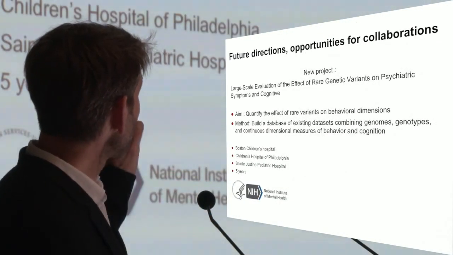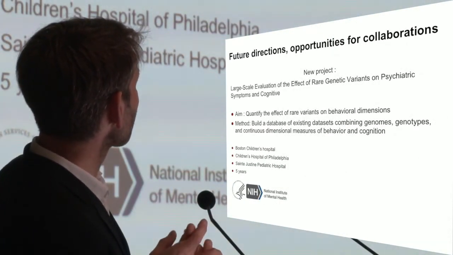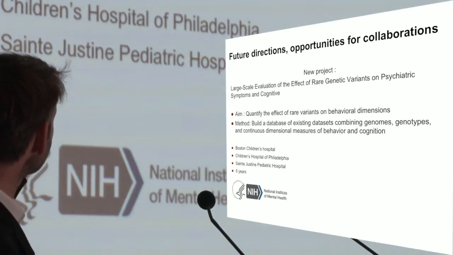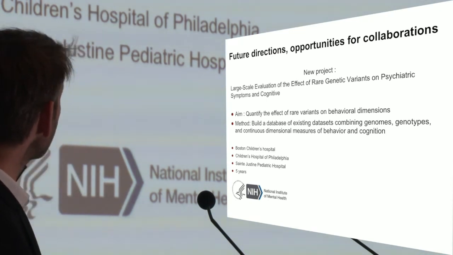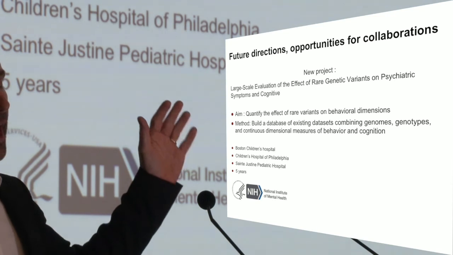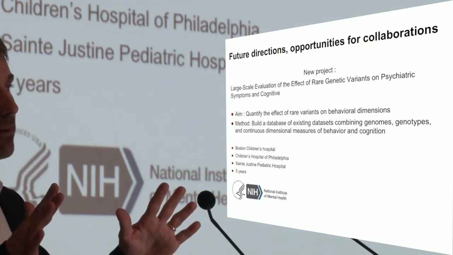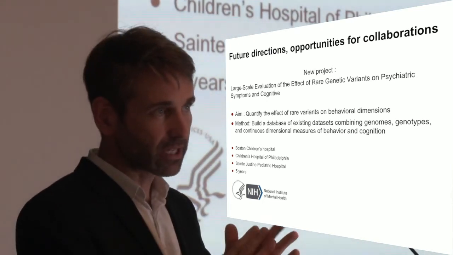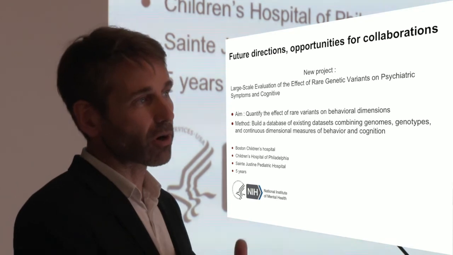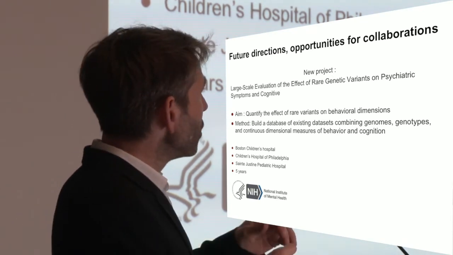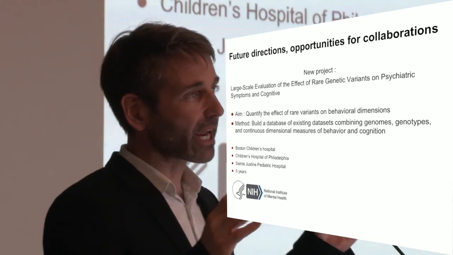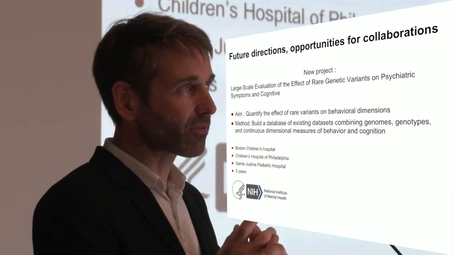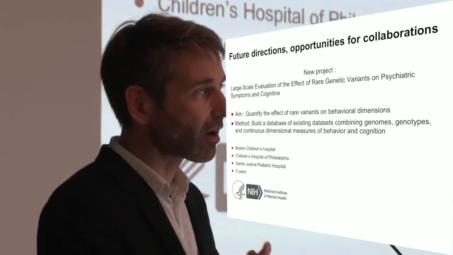And just to finish, and this is an open call for collaboration. We have a new NIMH project with Boston and Philadelphia, where we're combining any existing data set, which is genotyped, with good continuous cognitive and behavioral measures, and then some genotype or whole genome data, to explore at a very large scale the impact of every rare loss of function mutation, and hopefully we can go to missense mutations also.